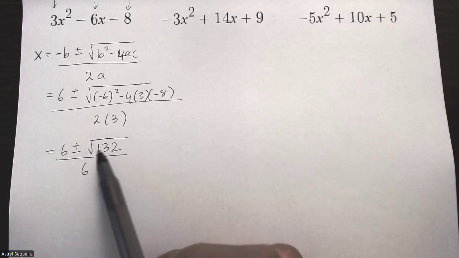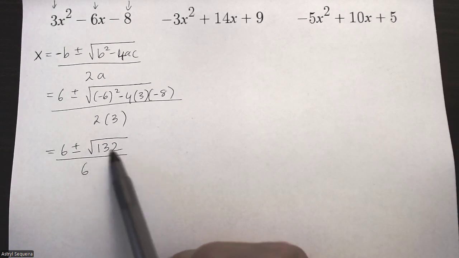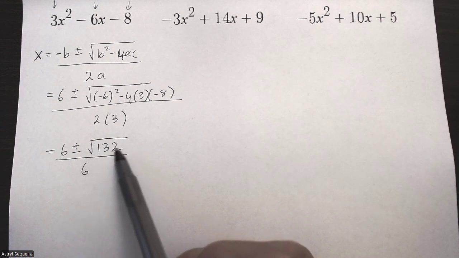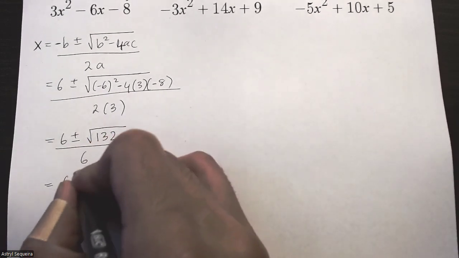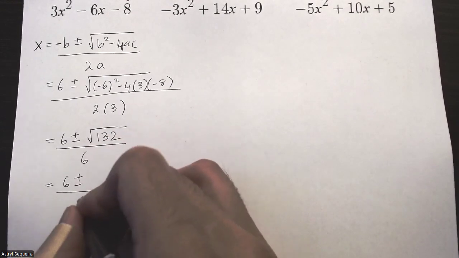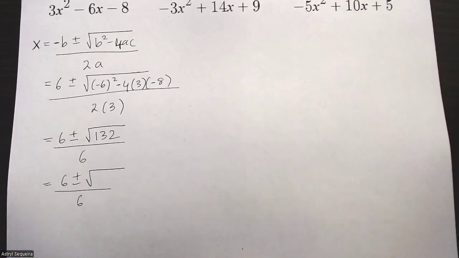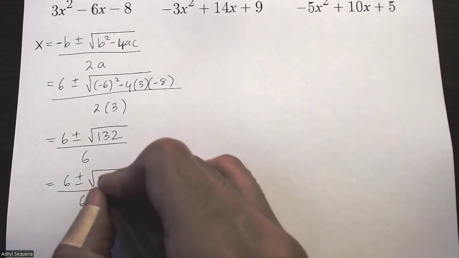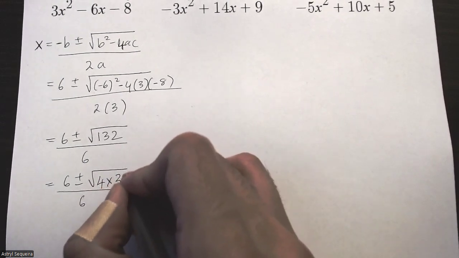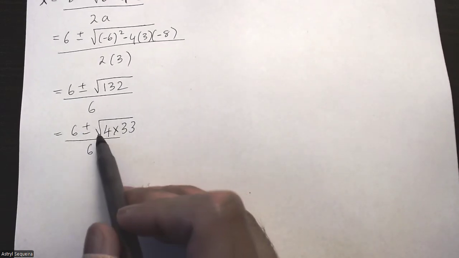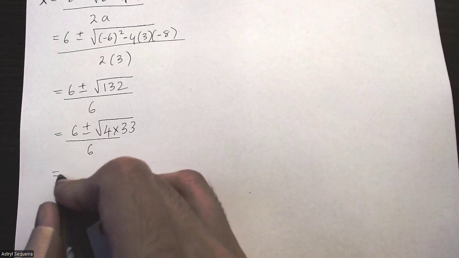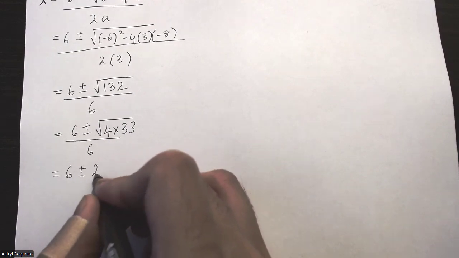So is 132 possible to simplify? You want to think of this as a multiple of your square root numbers. And I know that 132 can be divided by 4. So I can change this into 4 times 33. And now I can take out the 4. The square root of 4 is just 2.